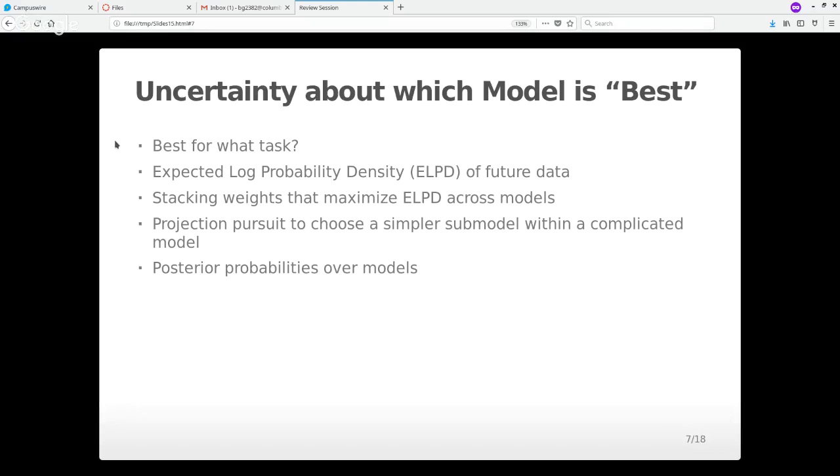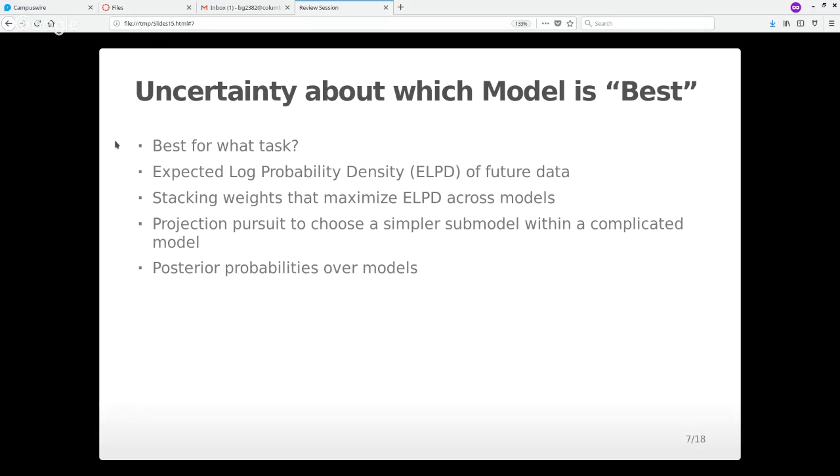But a lot of Bayesians really like this approach, and then a lot of Bayesians really don't, because they're not comfortable with the assumption that one of the models in the set of models that you estimated was correct, or they're uncomfortable with how sensitive the results of this exercise are to choices you made about the prior that affect the prior predictive distribution, but after you condition on the data, that's all sort of like water over the bridge. It's what I used to believe, rather than what I believe going forward.